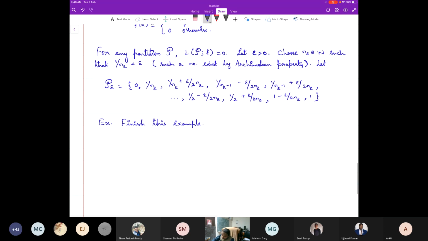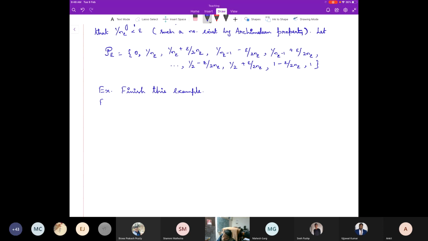This is the first exercise. The second: the partition we have chosen uses epsilon/2n_epsilon, so the difference is less than epsilon squared by 2.